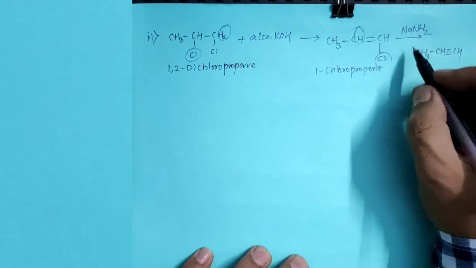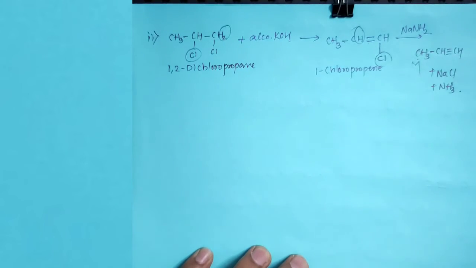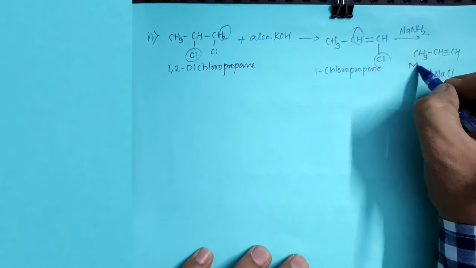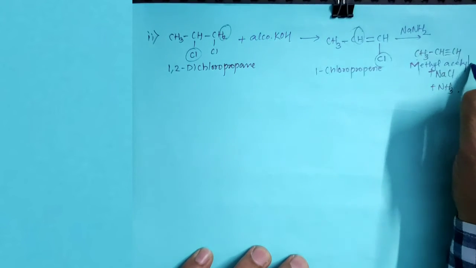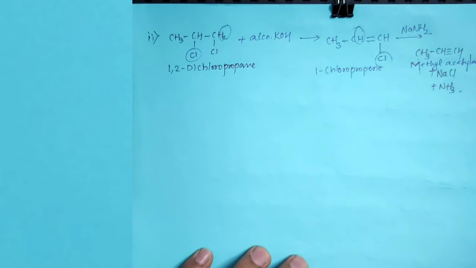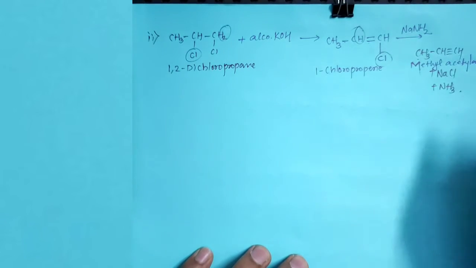Methyl acetylene, common name, is obtained. Or we can say propyne, IUPAC name.